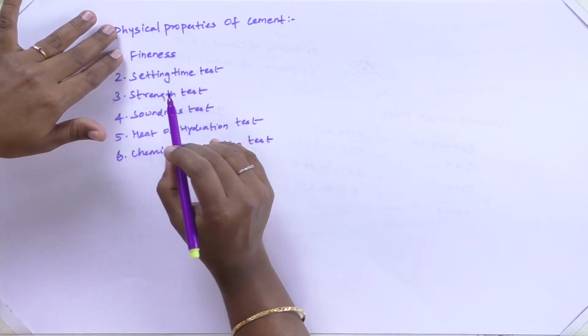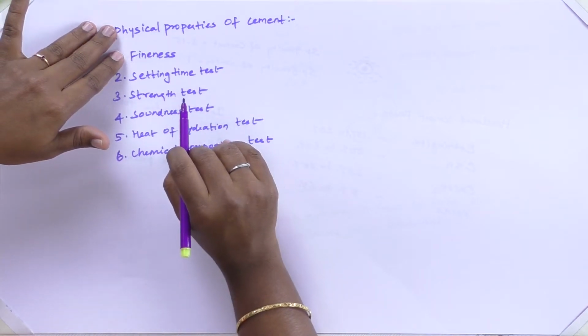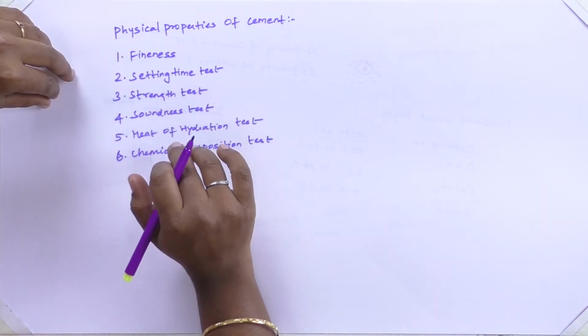How we can test the particle size of cement is discussed under fineness. The size of the cement particle plays a major role in the hydration process, since a smaller particle gets easily reacted with water, and it also affects the strength development in the later stages.